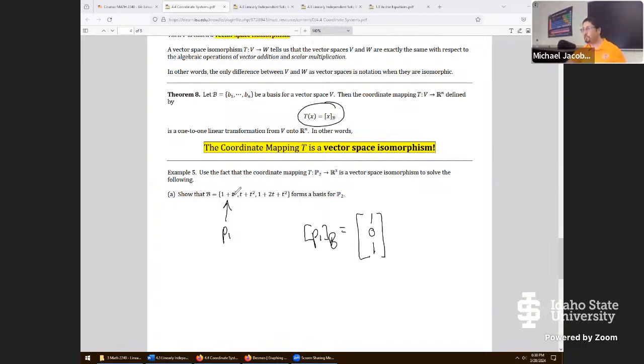We just pull coefficients from the polynomial itself, and now we have something in R3. So we just do this repeatedly, pull coefficients, work in R3, and essentially just redo section 4.3 with these kinds of vectors instead.